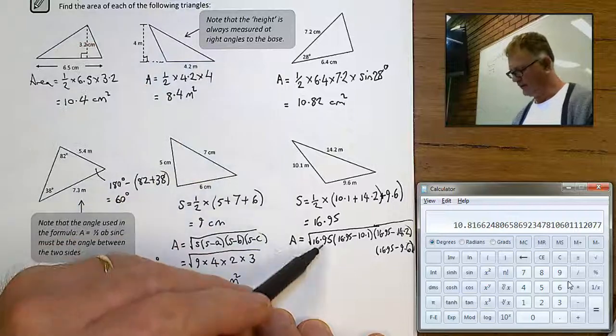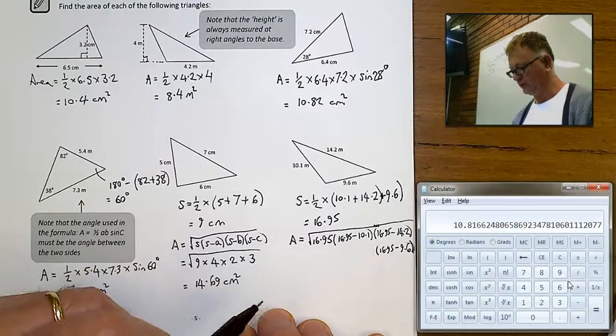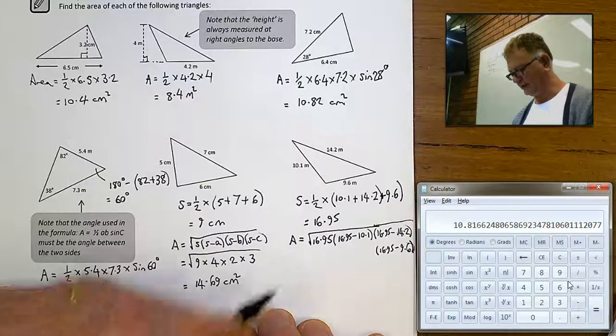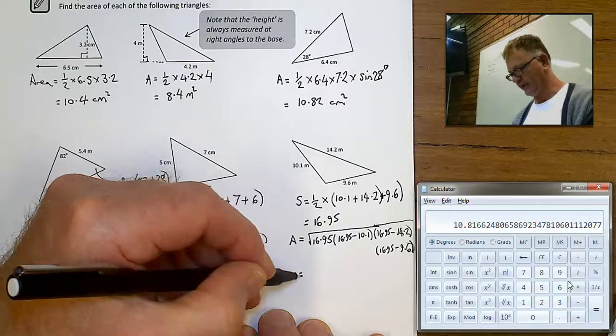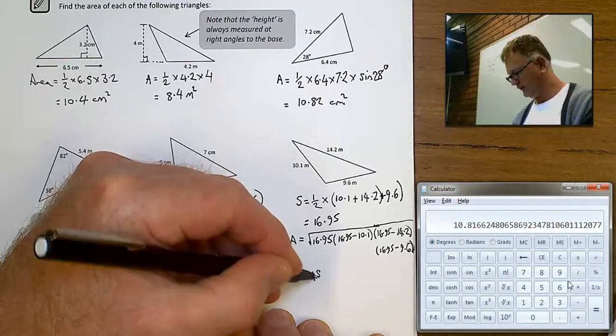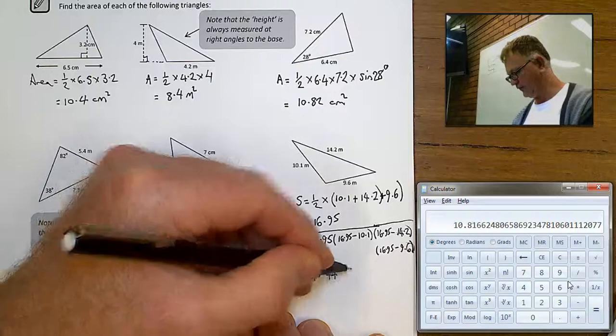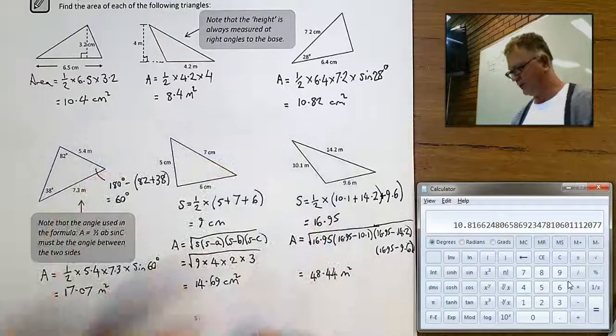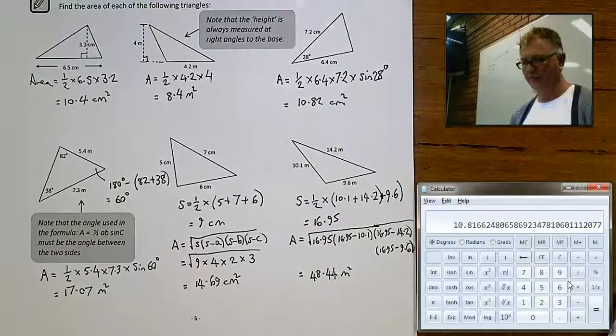Okay, so work out each of these, multiply them together, take the square root. I've done this beforehand. The answer works out to be 48.44 meters squared.